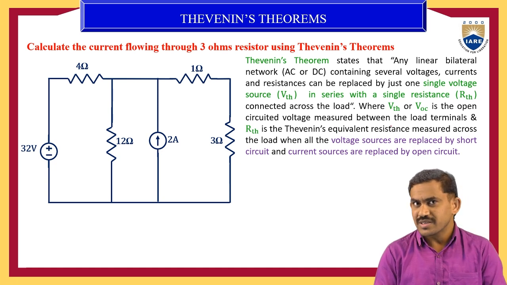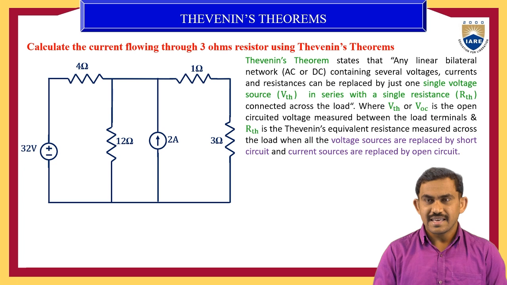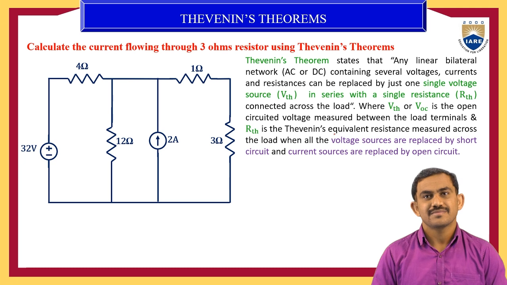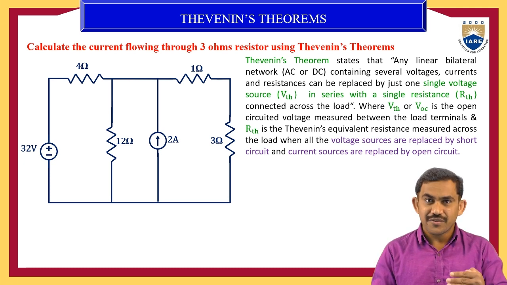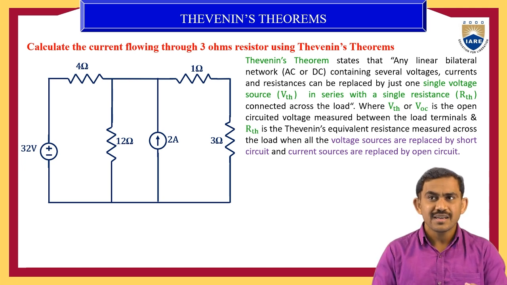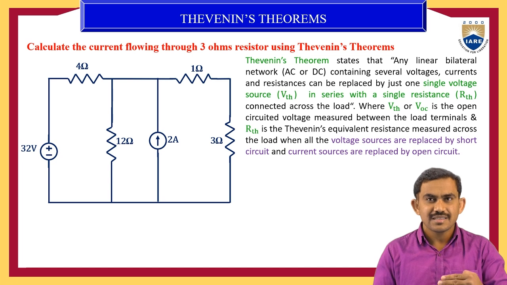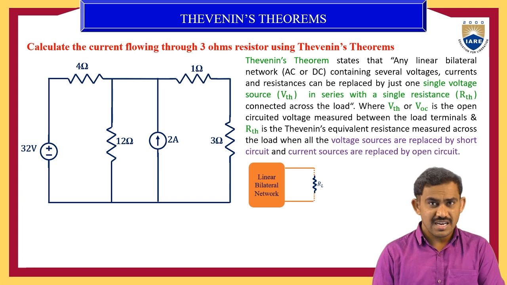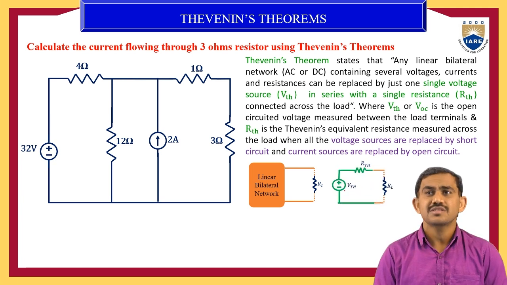VTH, or VOC, the open circuit voltage, is measured between the load terminals, and RTH, the Thevenin's resistance or equivalent resistance, is measured across the load terminals, when voltage sources are replaced with short circuits and current sources with open circuits. These are the rules and steps. So now your main circuit can be converted to one voltage source in series with one resistor. This is Thevenin's theorem.